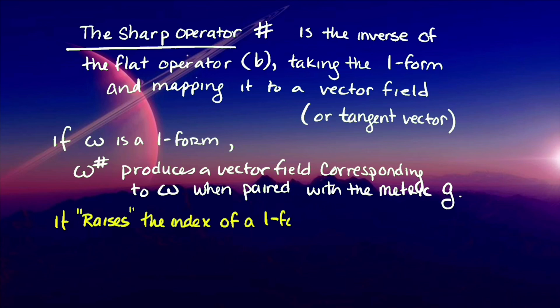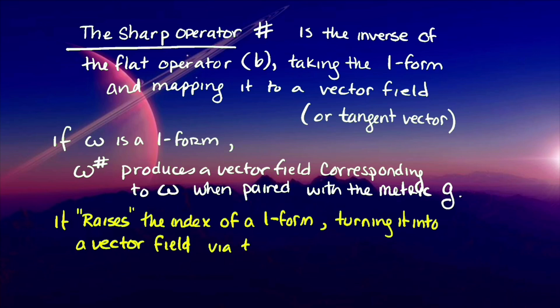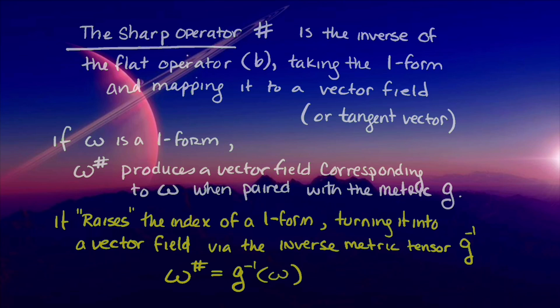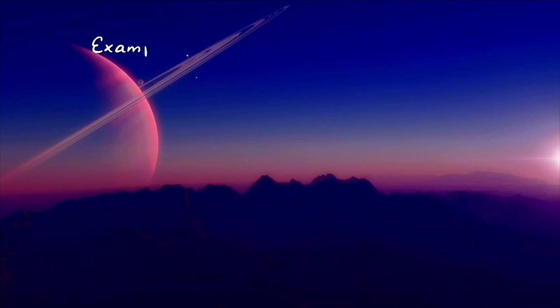Now, if we're raising the index of a one-form, turning it into a vector field, we will do this via the inverse metric. Therefore, the sharp operator is related to the inverse metric. And so we see that the sharp and the flat operators are inverses of each other.